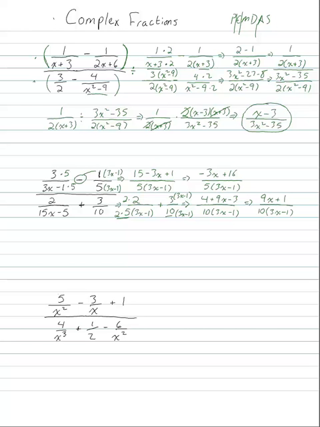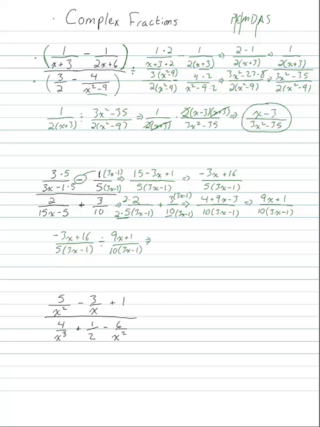My numerator is negative 3x plus 16 over 5 times 3x minus 1 divided by, I'm going to write this as division now, not as a big fraction, 9x plus 1 over 10 times 3x minus 1.